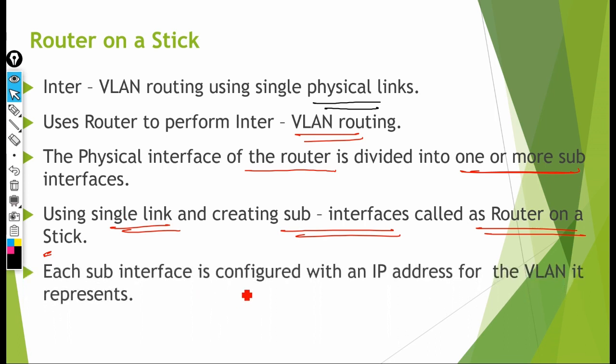Make sure each subinterface is configured with the IP address for the VLAN it represents. If you remember, for VLAN 10 you configure the same range of IP addresses for the subinterface, and for VLAN 20 you configure the same range of IP addresses for the same. That's very important.